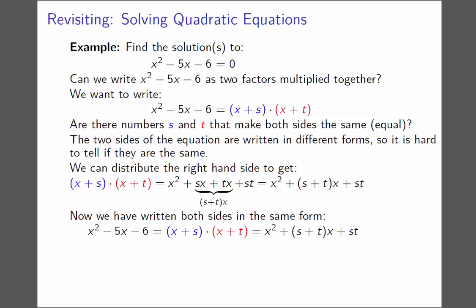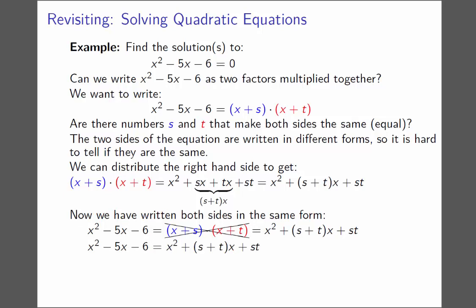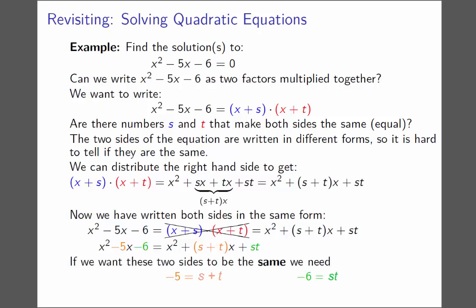Now we've written both sides in the same form. And cutting out the middleman, we have x squared minus 5x minus 6 equals x squared plus s plus t times x plus s times t. And if we want these two sides to be the same, we need our coefficient of x to be the same on both sides.